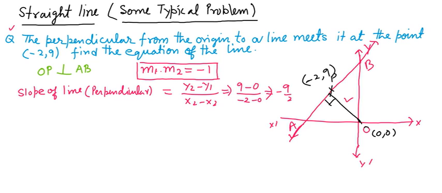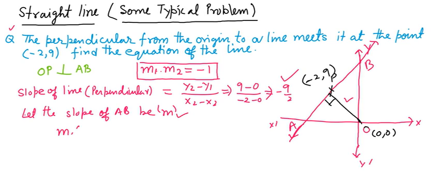According to the relation, let the slope of AB be M. So the product of this and this must equal -1.